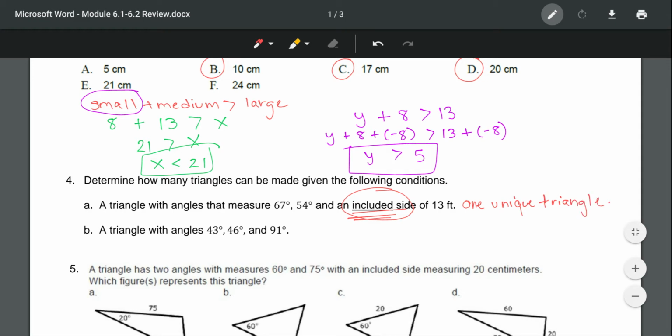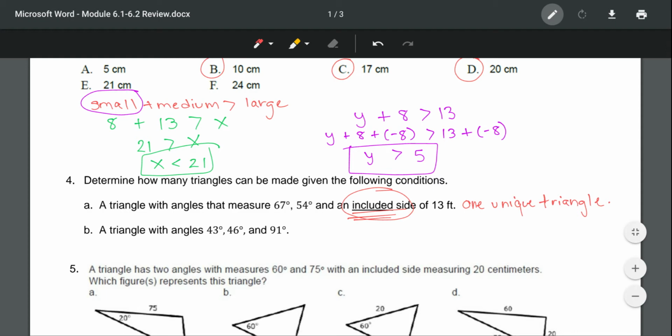Okay. If you have a triangle with angles 43 degrees, 46 degrees, and 91 degrees, when you have 3 angle measurements, you're going to have infinite amount of triangles. So if you're just given angle measurements, then you can create an infinite amount of triangles.